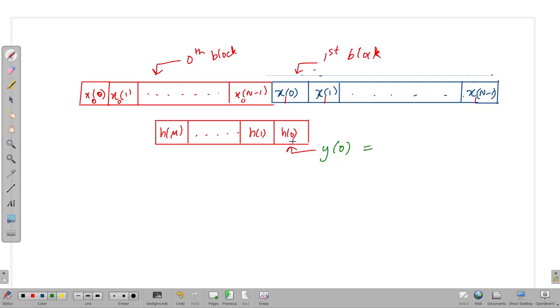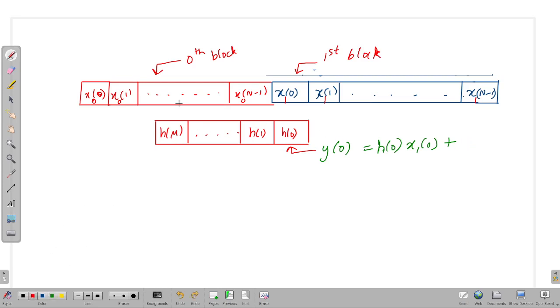But what happens is I have h of 0 into x1 of 0, plus h of 1 into, it corresponds to the previous block.